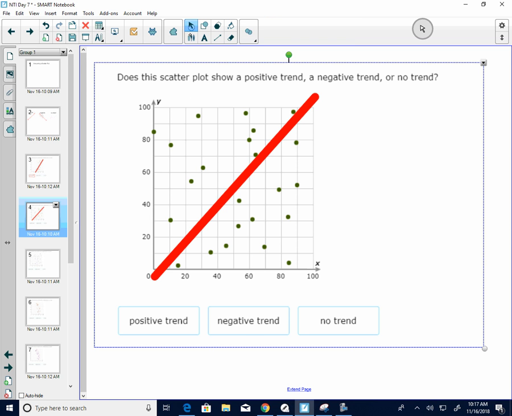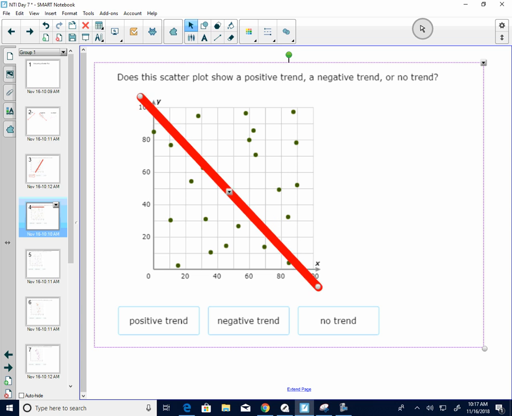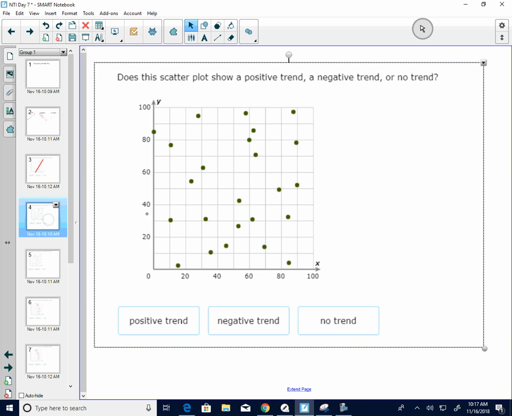Those are all really far from that line. Even if I flip it around the other way, they're still all very far from the line. They're just scattered all about, so this scatter plot would be said to have no trend.